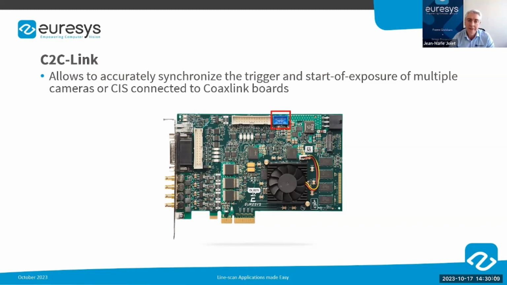A dedicated C2C link connector is available on the PCB of each of our frame grabbers, and the synchronization is managed through a master-slave architecture, which means that the master frame grabber receives all the trigger signals and propagates them to all the slaves, to make sure that all the cameras are acquiring each line at the exact same time.